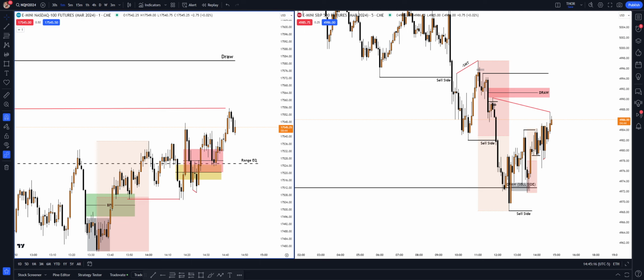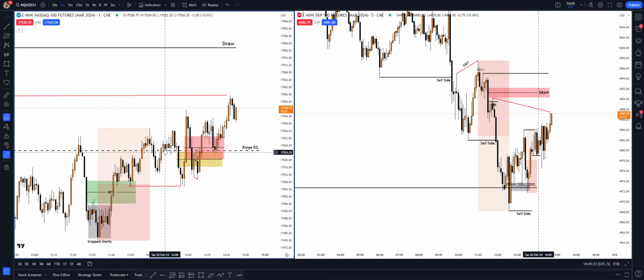It shouldn't violate this low. Shouldn't come back down into range EQ anymore. It already accumulated here, consolidated. Now it's the time to make the rally.